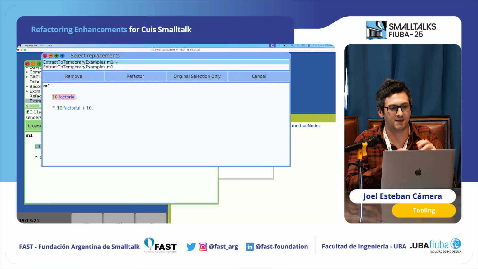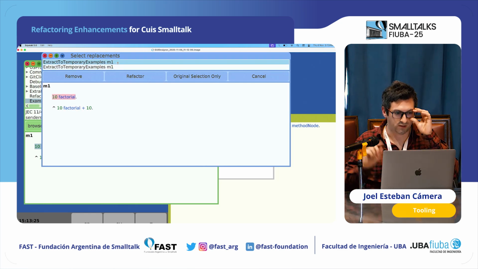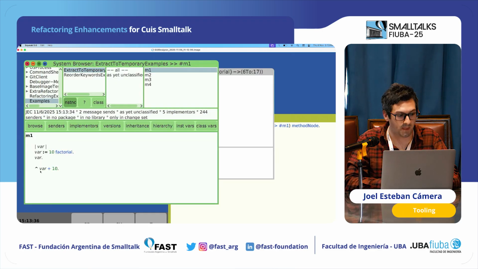So I changed it a little bit just to show the similar code, but just in this method. And I can extract the original selection only or the ones that are in this list. So if I refactor, I extract the variable here. I define it in this node, and here are the replaced code.